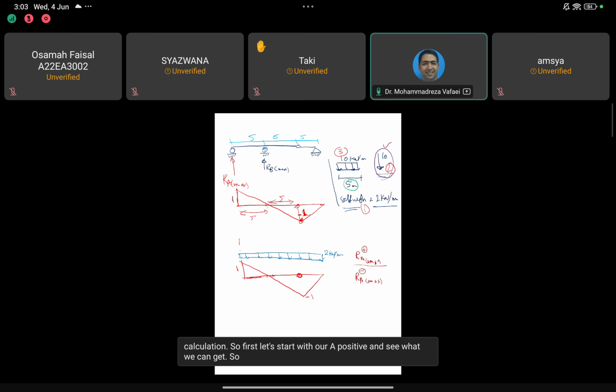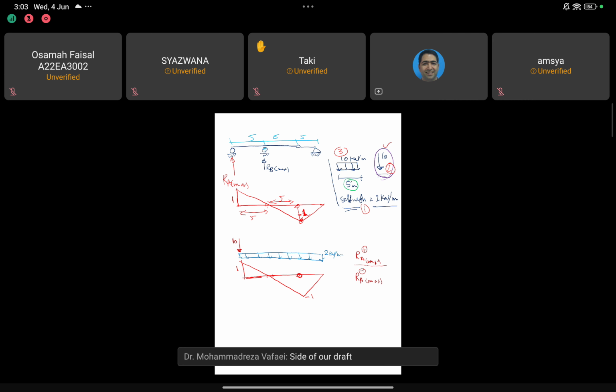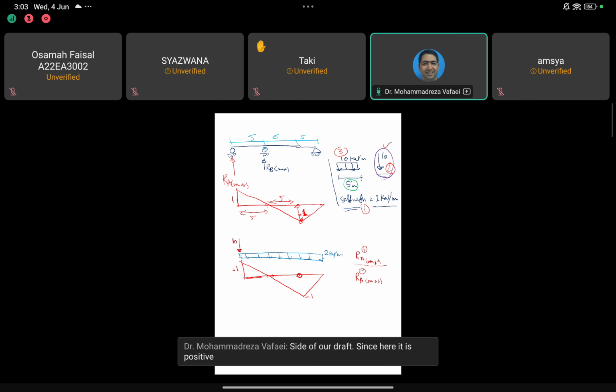For RA positive, since we are looking for the positive value, we put our point load on the positive side of our graph. Since here is +1 and the largest value is here, we put it there. Then we need to decide on our next load, which is the 10 kilonewton.